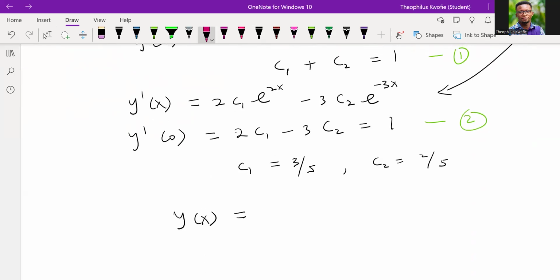So we're going to have 3 on 5 e to the power 2x, then 2 on 5 e to the power minus 3x. So this is the solution to the initial value problem.